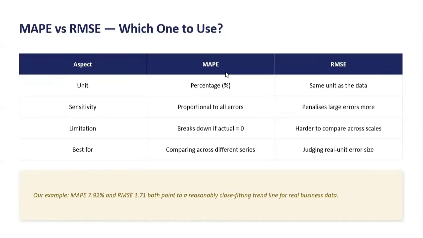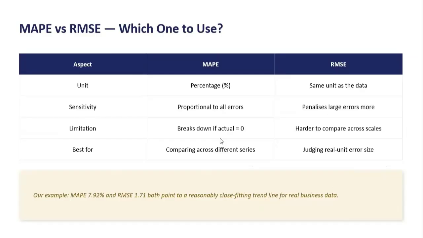Use MAPE when you are comparing trend quality across totally different data sets, maybe comparing your company's forecast accuracy against competitors, even though the numbers are on different scales. Use RMSE when you actually care about the real world size of mistakes, like how many units we are going to be off by, because that number stays in the original units.